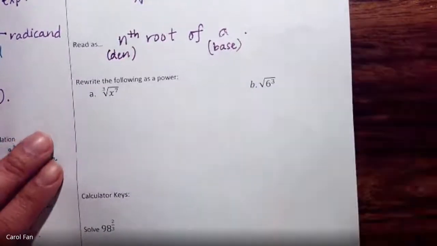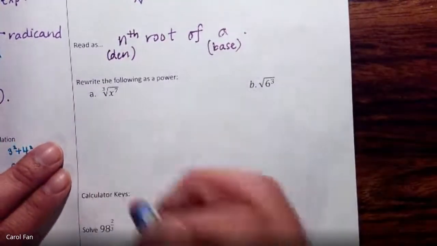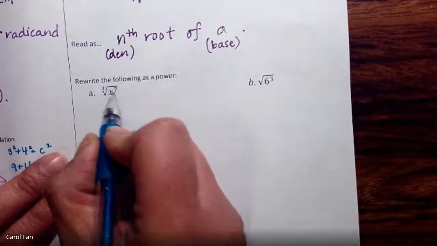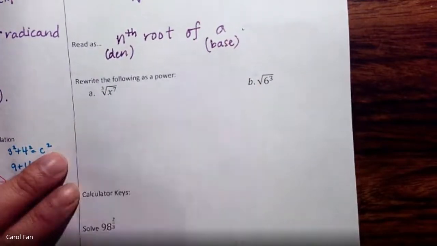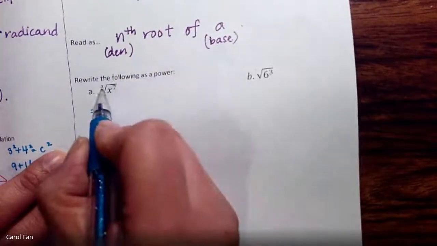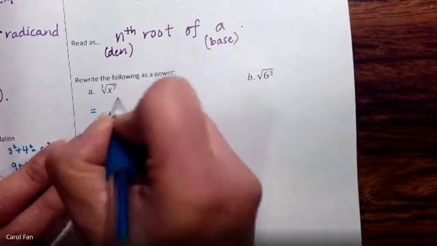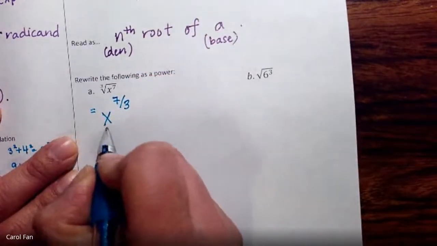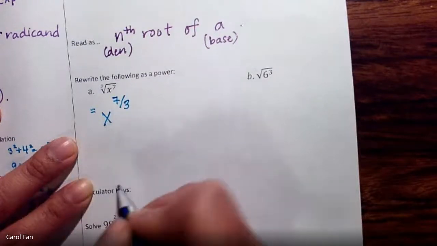Now, another question. Let's rewrite the following radicals as a power. I have third root of x to the 7. Now, we remember that our index becomes the denominator. So I'm rewriting this. I have x to the power of 7 over 3.